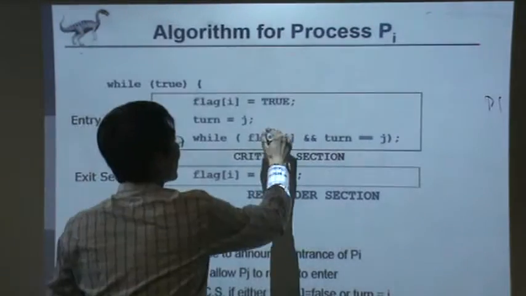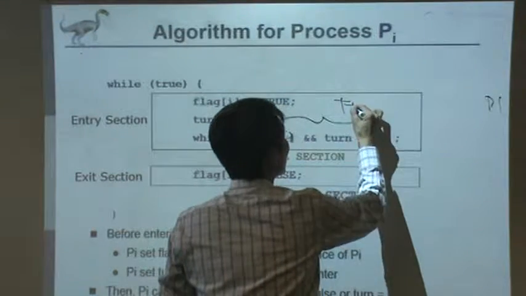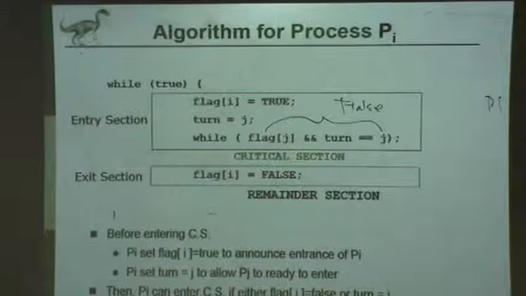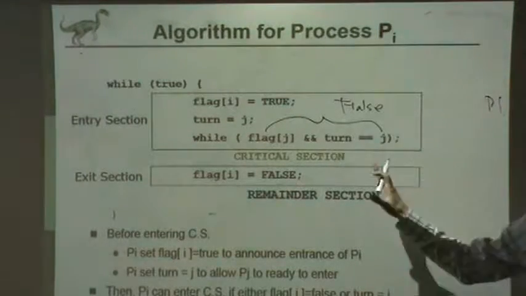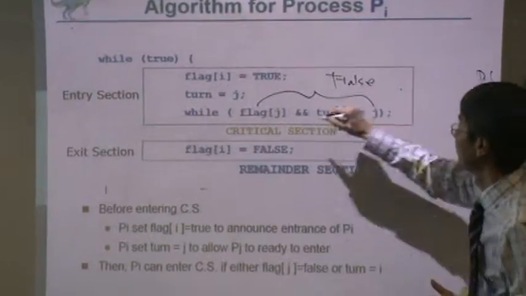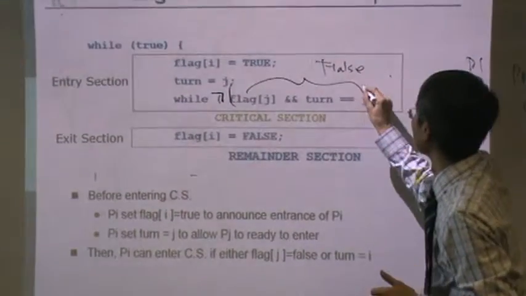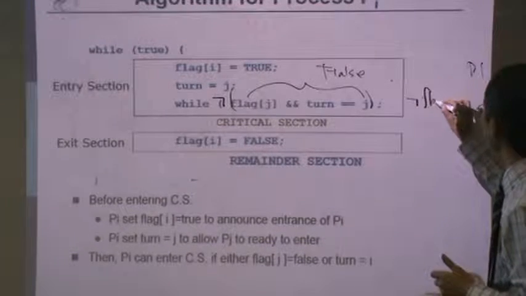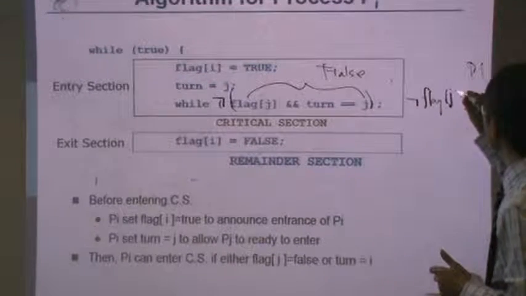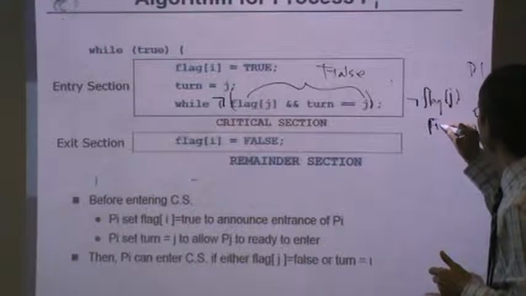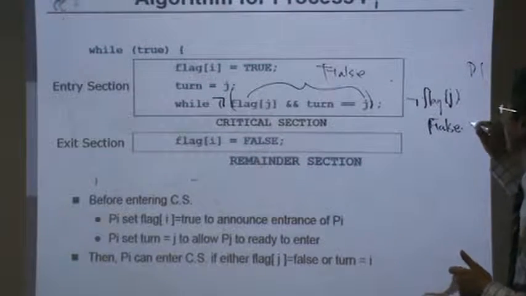In case this one is false, we can enter the critical section. If that is true, we cannot enter. So false means not this. Not this means not flag J, which means it's false for the other process.